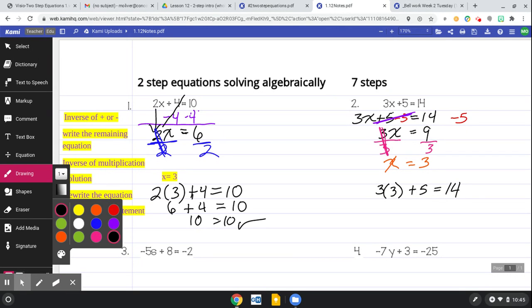That's what we're trying to find out. 3 times 3 is 9. And 9 plus 5 is 14. And that is true. Okay. All right, that's 2 down. We're halfway done with our notes.